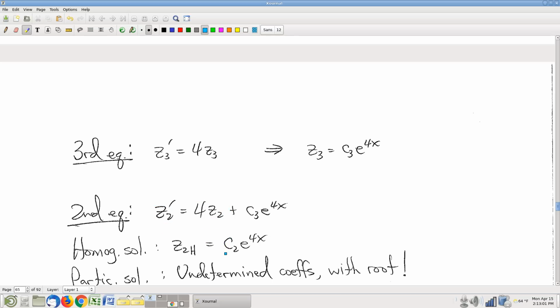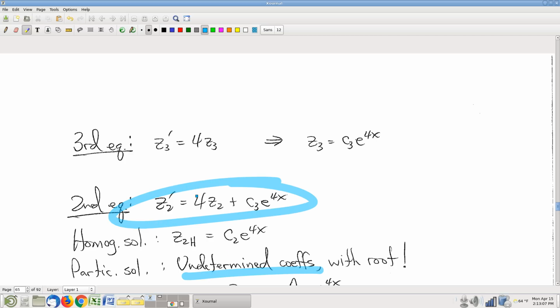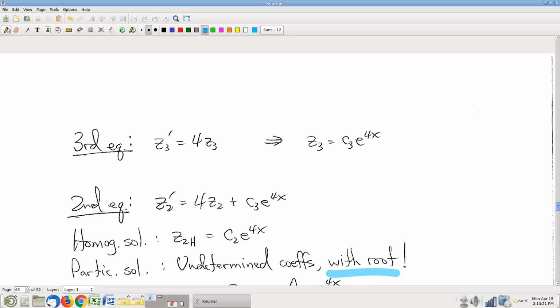To find a particular solution, well, this is an undetermined coefficients deal. Section 4.3. Make sure that you remember all the little details of how to do section 4.3. I claim, in fact, that there is an unfortunate coincidence in this equation. Let me walk you through that. Where does the unfortunate coincidence come from? Well, our characteristic polynomial is lambda minus 4.